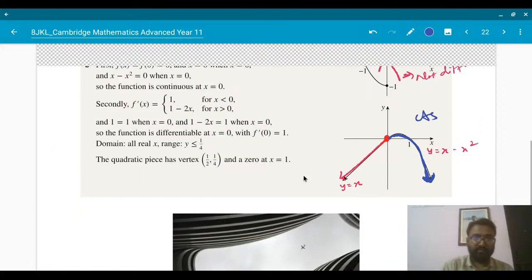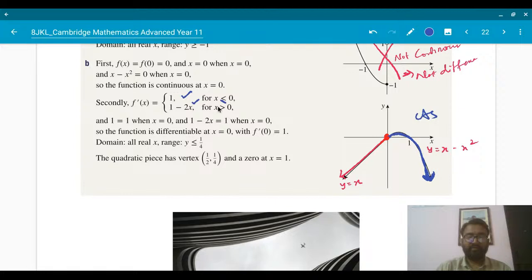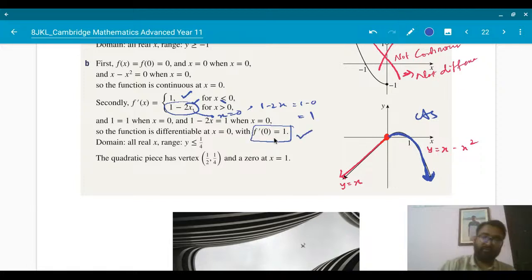So you can see it is 1 and 1 minus 2x. At x equals to 0, the derivative must be 1. When you substitute x equals to 0, 1 minus 2x is equals to 1 minus 0, which is 1. So the derivative is 1 at x equals to 0. Therefore the function is differentiable. Clear?